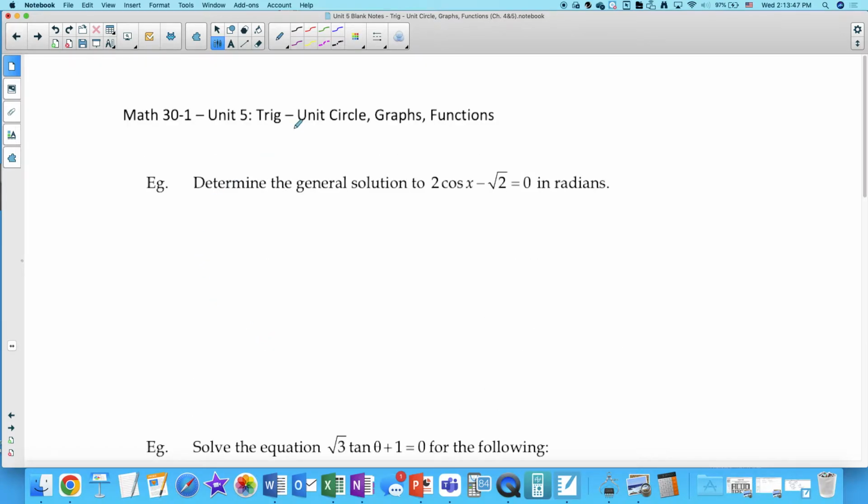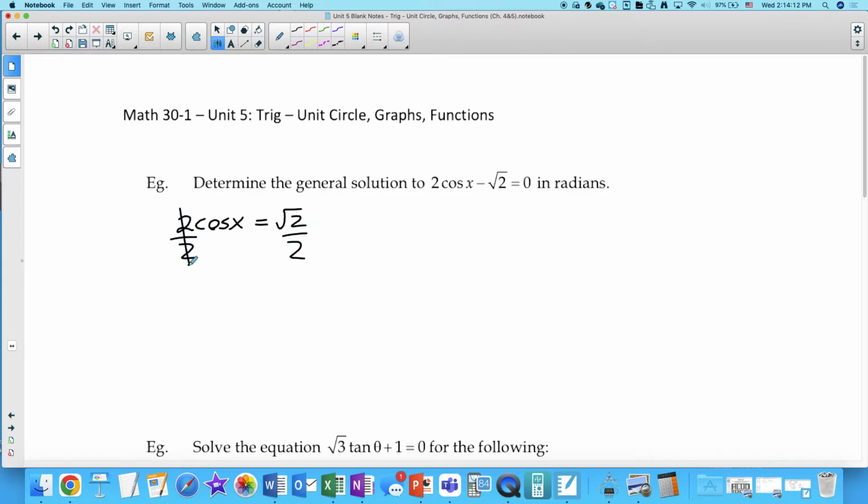So now let's look at an equation where we need to give the general solution, and this time we're in radians. Okay? So determine the general solution to 2 cos x minus root 2 equals 0. So we're going to start the same way. Isolate the cosine of x. So if we add root 2 to both sides, we'll have 2 cos x equals root 2. Divide by 2.